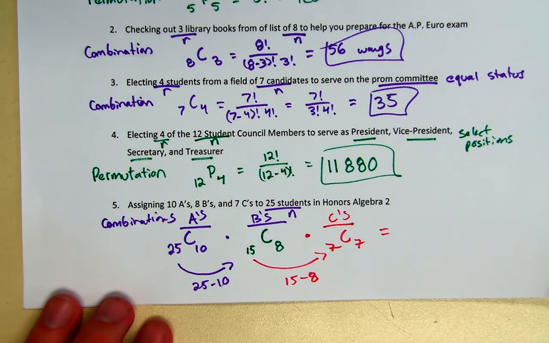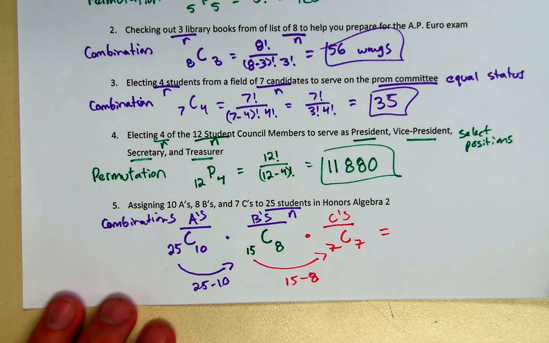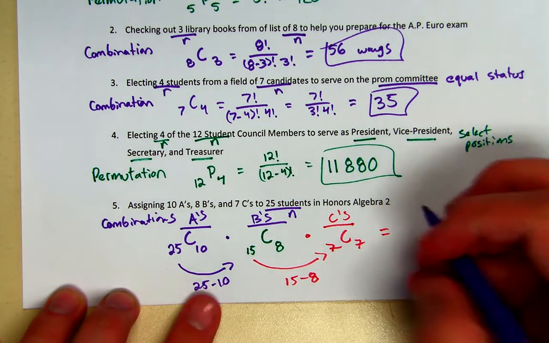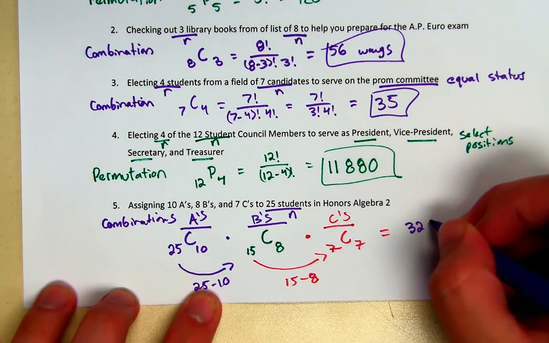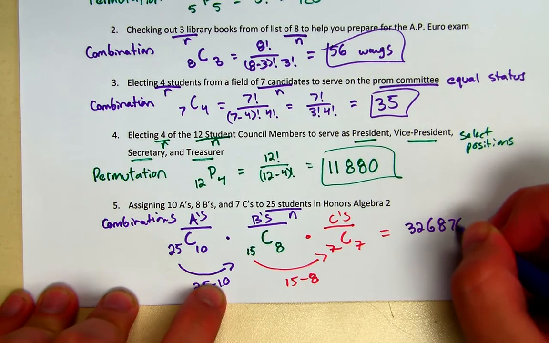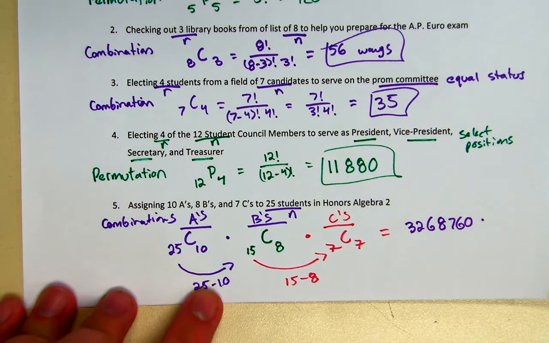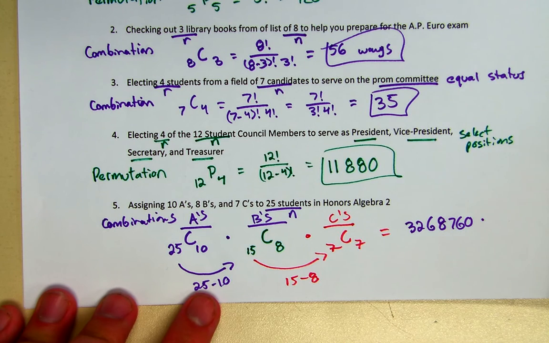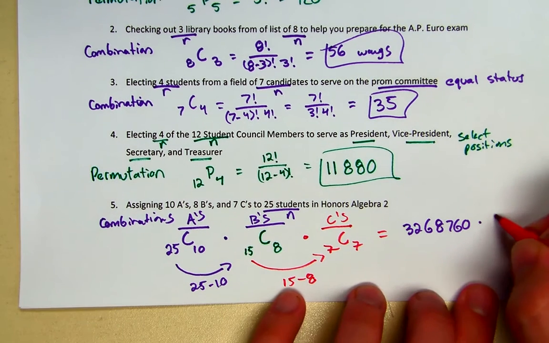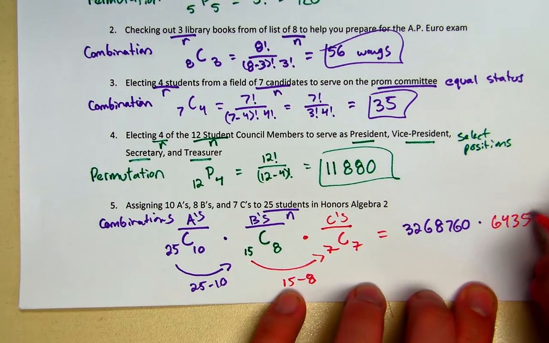We've got 25. We have to choose 10. That's 3,268,760 multiplied by 15 choose 8. So that's 6435.